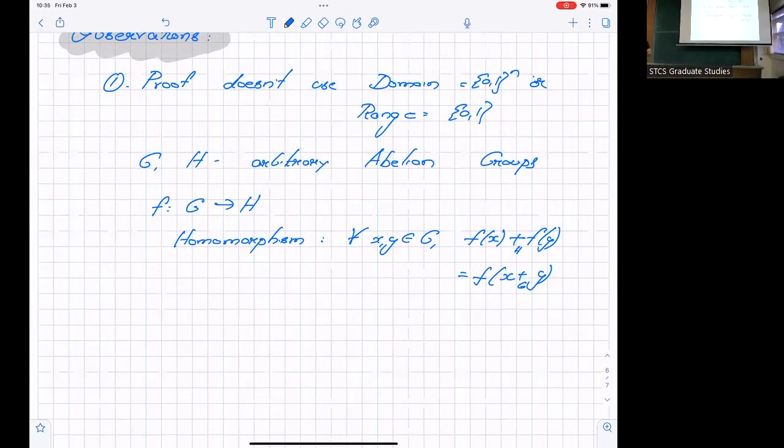We move things around. So you give me any function from G to H, and you're asking is it a homomorphism or not? And this proof actually tests that.